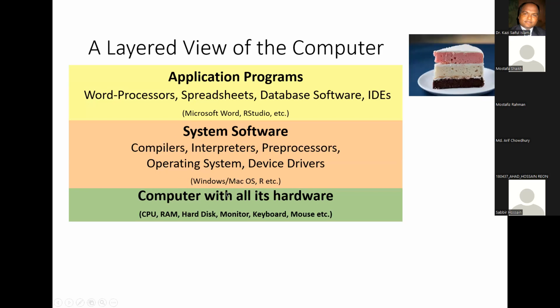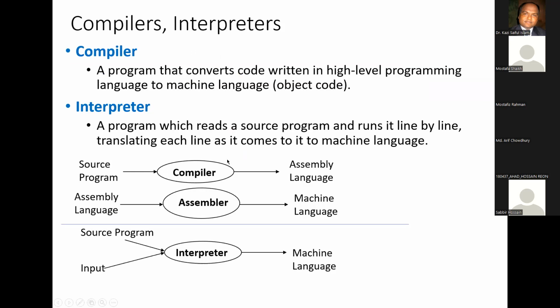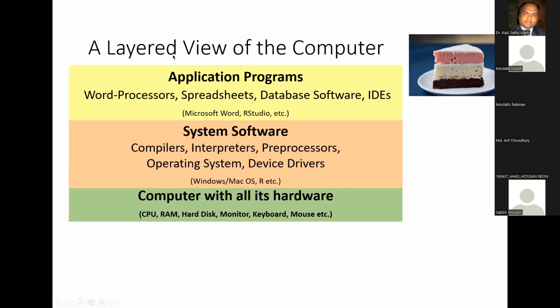System software, if you can recall, I mentioned compilers and interpreters. These are system software. An operating system is also system software. Device drivers are also system software. Compilers, interpreters, and preprocessors are system software. So when we install R, that is actually system software.